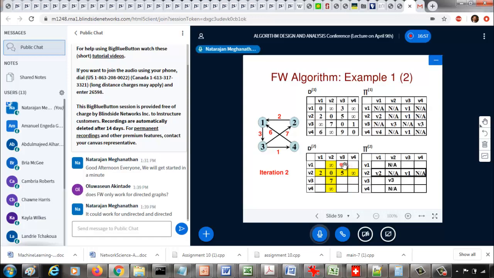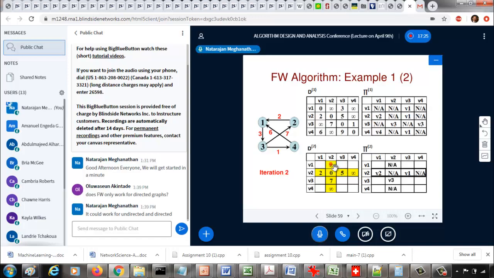Now currently for this cell from V1 to V3 the distance is 3, so we have to see, can we do less than 3? To decide that, add the corresponding values in the highlighted row and column. If you draw a horizontal line, it reaches here at infinity. A vertical line reaches here at 5. Those are distances. So for example, here we're trying to find the distance from V1 to V3 by going through V2 in iteration 2.